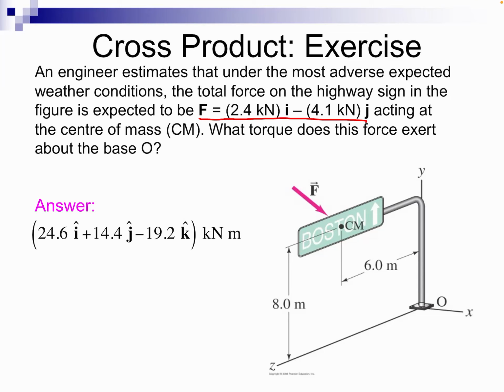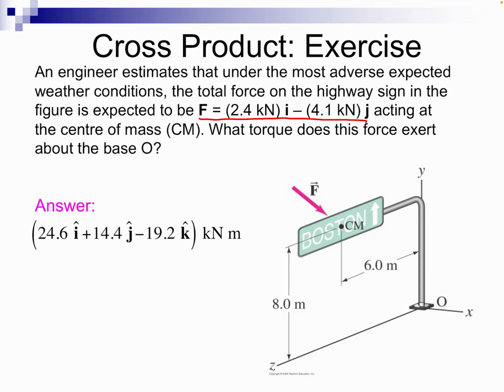So the wind force is in this direction, and the r, the moment arm, will come from the axis of rotation O up to the center of mass. So if you visualize the moment arm, it sort of looks like this. So the moment arm is expected to have a j component, an upward component, and a k component going out here.